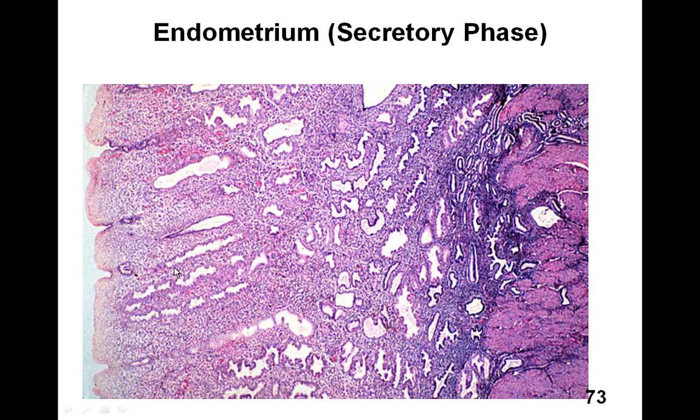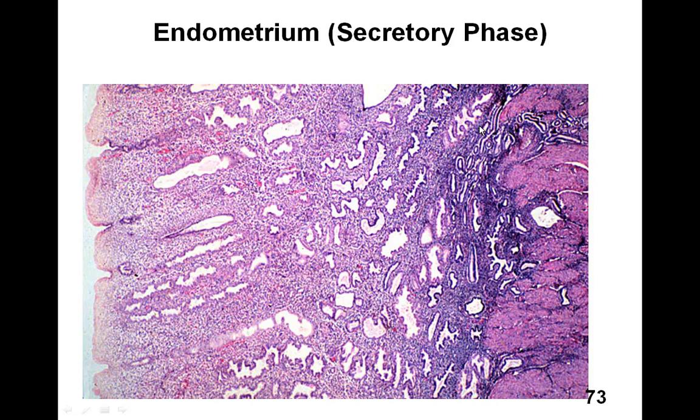Now we're looking at the endometrium at a high power. Let me just get you oriented. I'm tracing the junction between the endometrium and the myometrium. To the left we find the endometrium. To the right here, we find the myometrium, the smooth muscle.